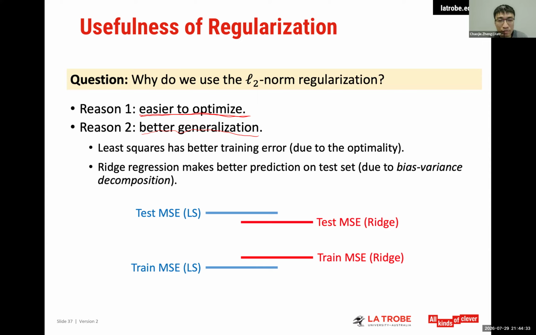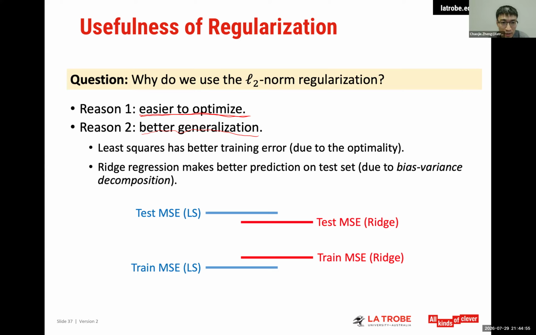But because the trained ridge regression model is not overfitting to the data, it is less complex and has better generalizability, so it will perform better on the test set.